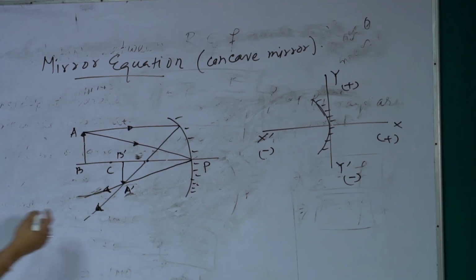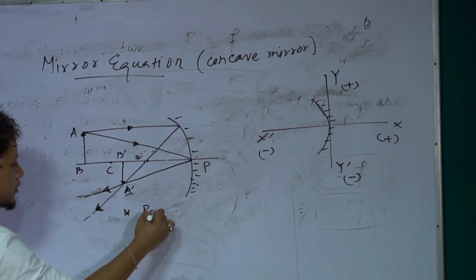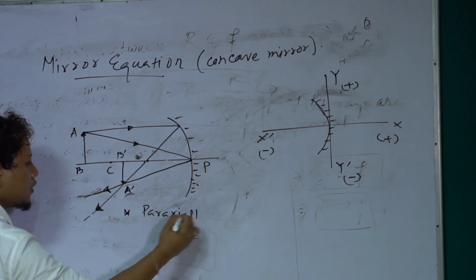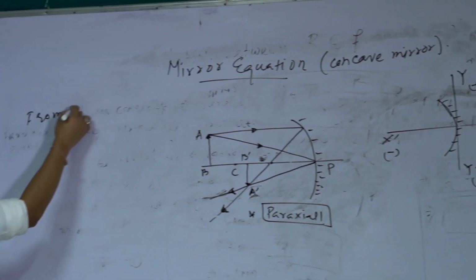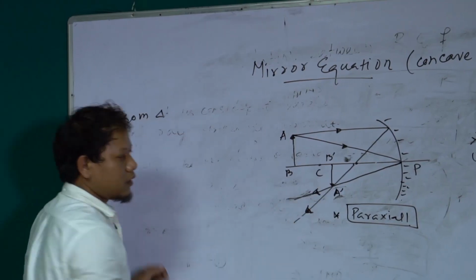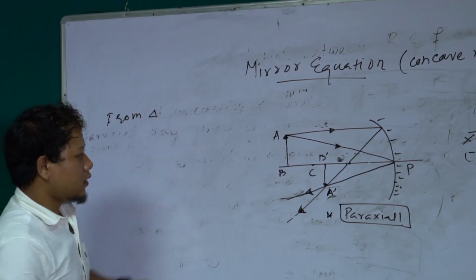Remember one thing, here also the rays are paraxial. So whenever you write the explanation, you always mention that let us consider a parallel paraxial ray of light or beam of light. Let's consider this triangle. This is a right angle triangle. If you have time, you can write from the right angle triangle.